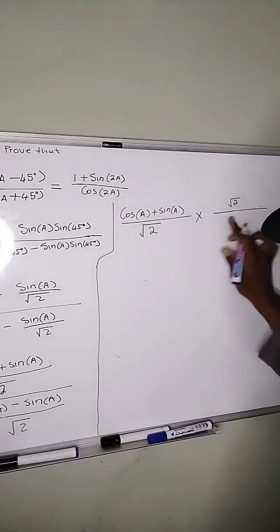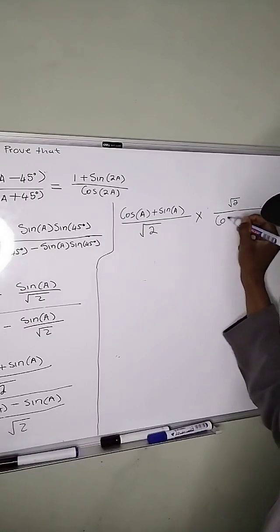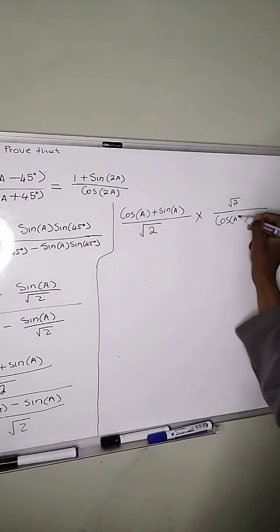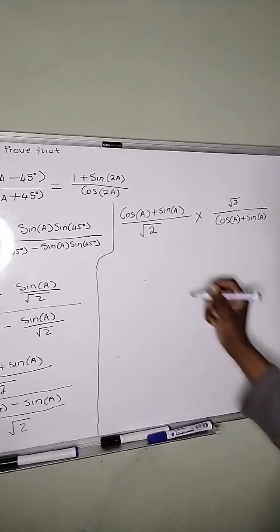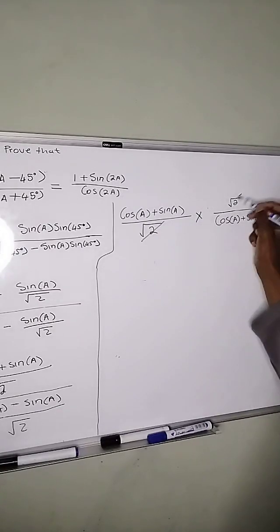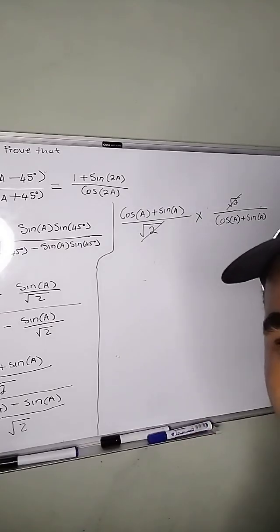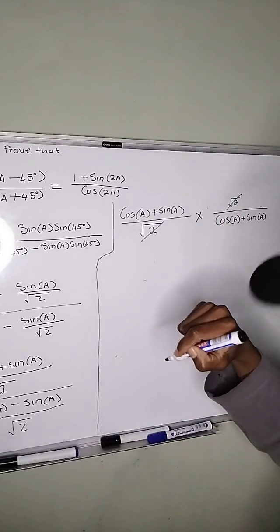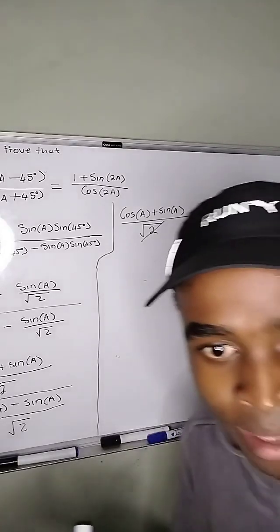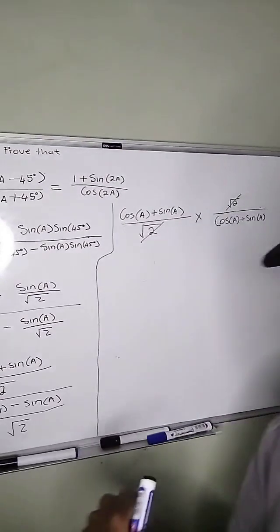At the bottom, I'm going to have cos A plus sine A. And this will cancel that. This will cancel that. And what am I going to have? Hey, by the way, this question is 8 marks, né?